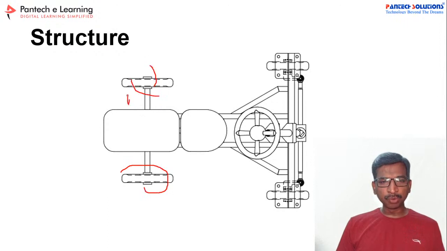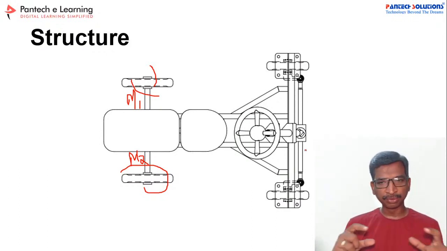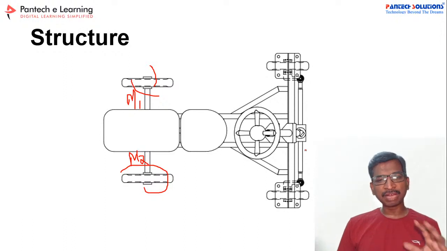Here I am going to use motor 1 and similarly motor 2. And this is a simple wheeling system. The steering mechanism only changes the direction of the position of the front wheel, and based on this we can drive the system in a perfect manner. Right. So this is our final prototype structure.